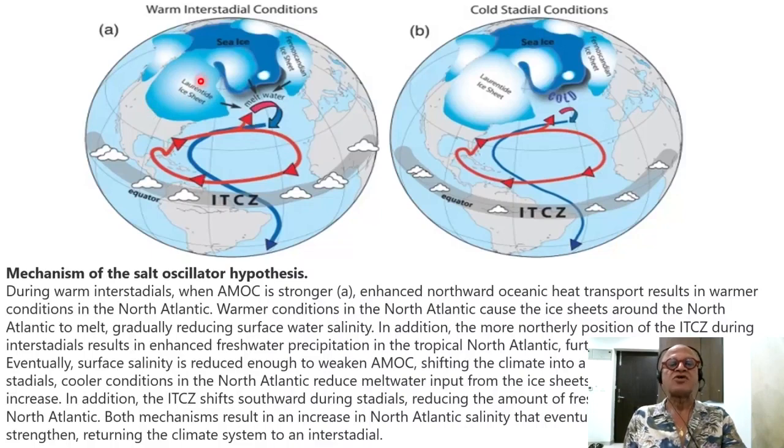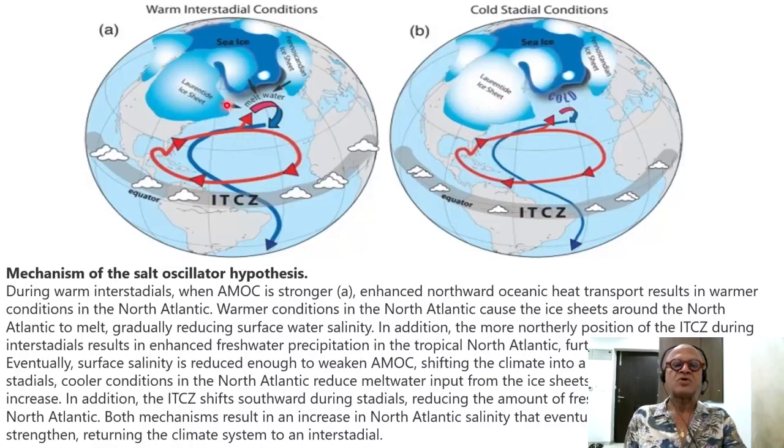So you can see the Laurentide ice sheet and the Fenno-Scandinavian ice sheet and ocean sea ice extending far down into lower latitudes during the warm stadial interstadials and the cold stadial conditions. So the extension and thickness of ice and so on change.